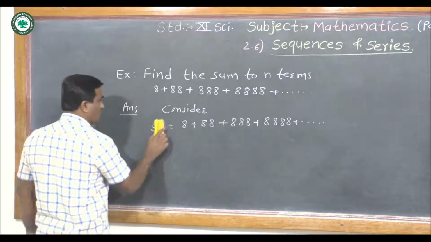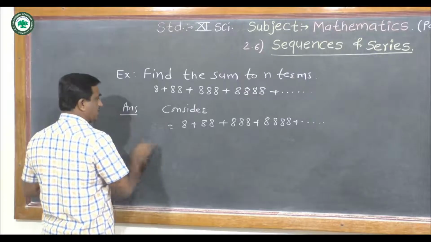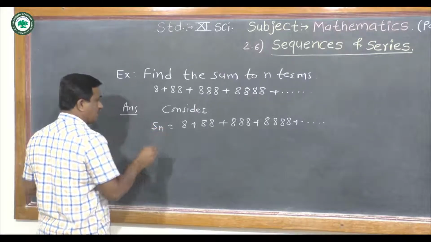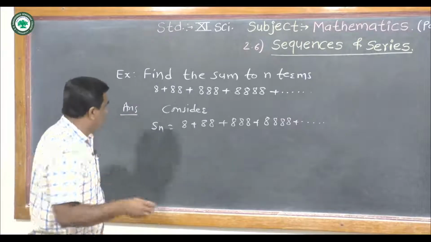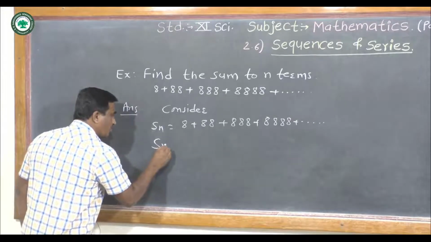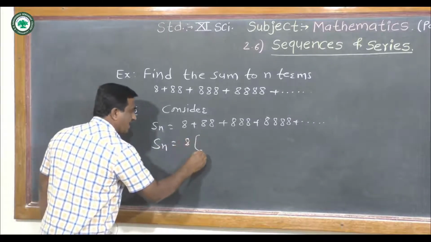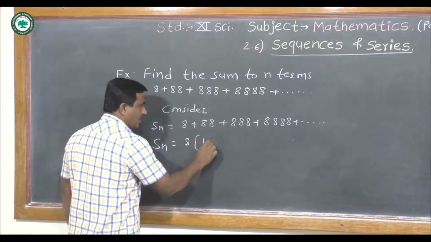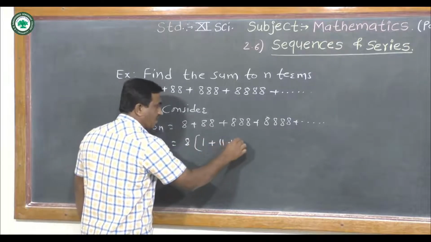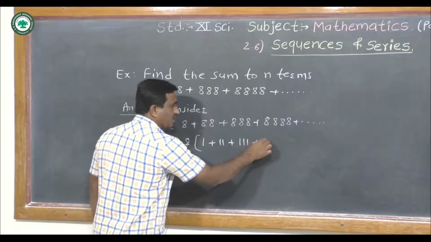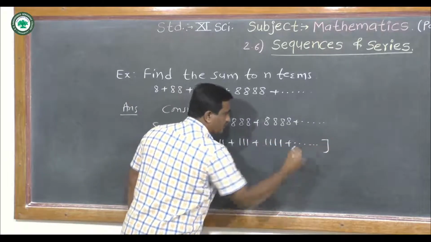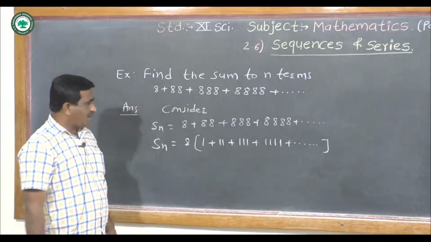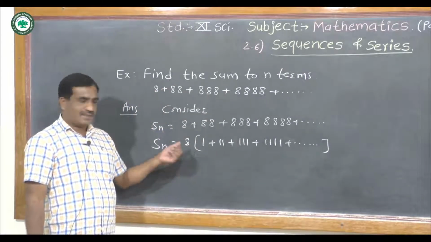Sn equals 8 into, in bracket, 1 plus 11 plus 111 plus 1111 plus so on.